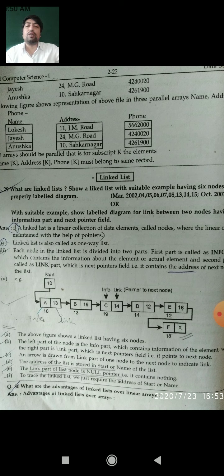Linked list is also called a one-way list. One-way means the arrow pointer shows only one direction.